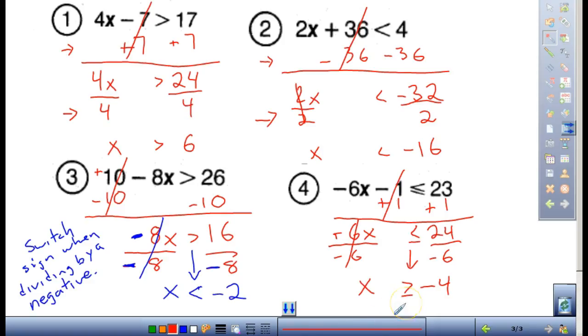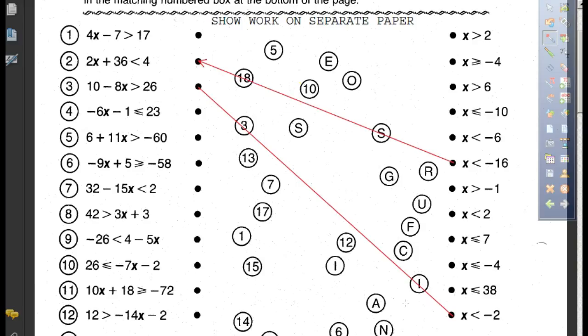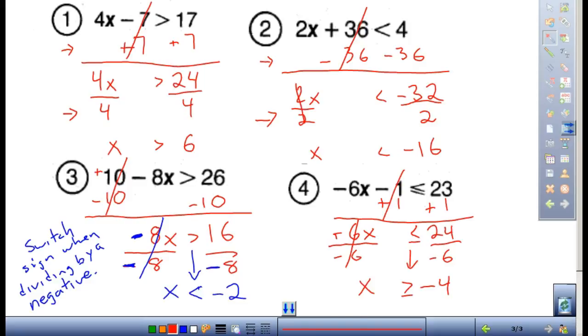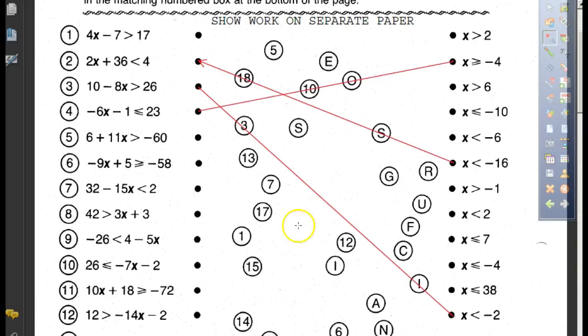X is greater than negative 4. Greater than or equal to. Is that right? There we go. Yeah, greater than or equal to. All right, so 10 should be O. Okay.